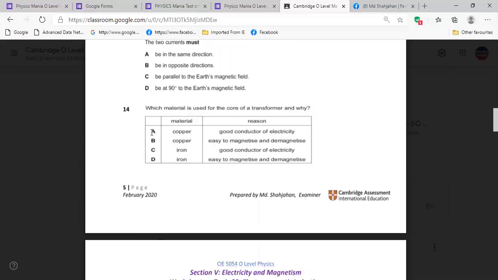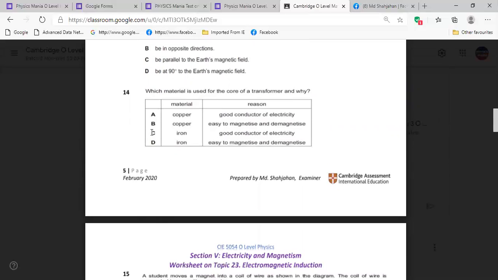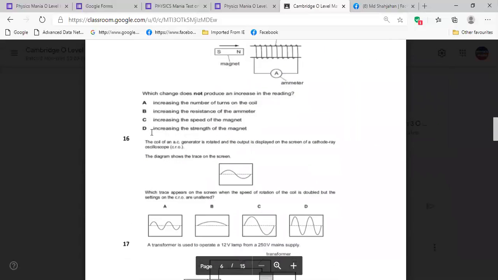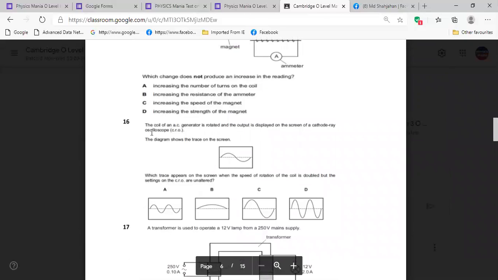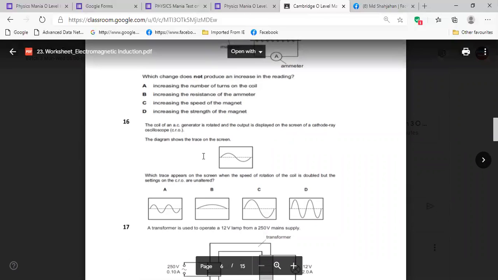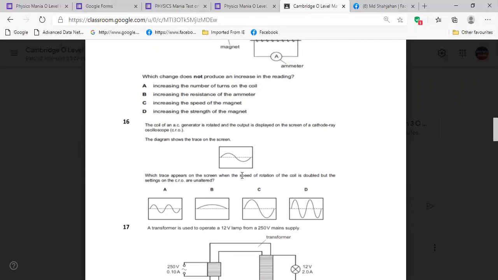Then next, which one? Number 16. Yes, this one is a tricky question. I'm explaining this one. Look here, it's written speed of the rotation. If the speed of the rotation is increasing, you will get more induced EMF, right?